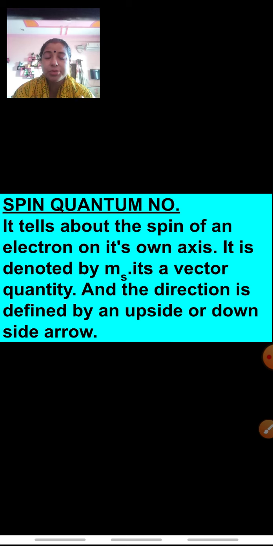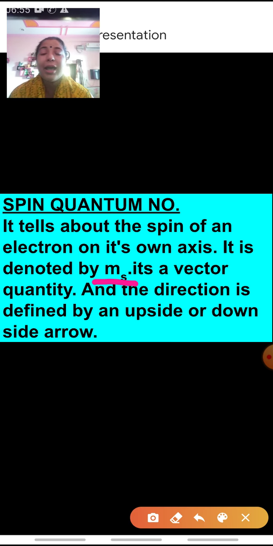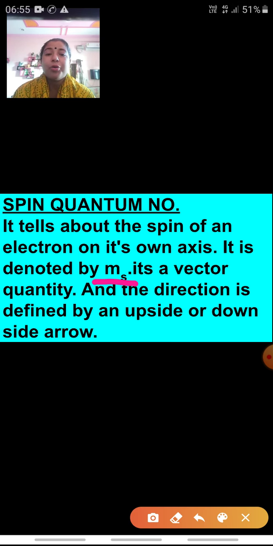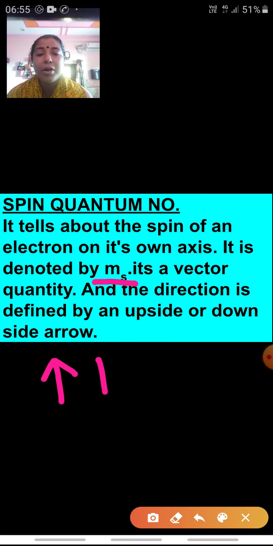Now this spin quantum number is a vector quantity because direction is related to it, and is denoted by ms. Now how to show the spin quantum number? The direction is defined by showing either an upside arrow or a downside arrow. That means one is clockwise and the other one is anti-clockwise.